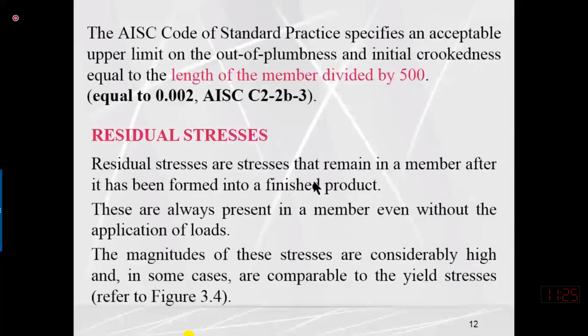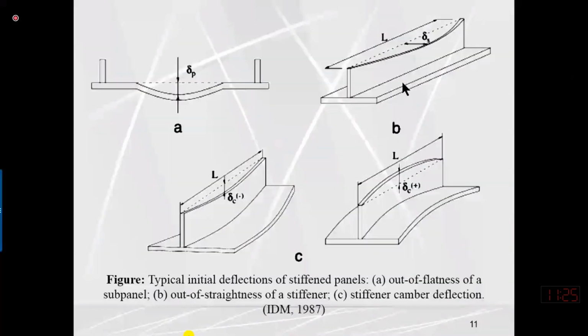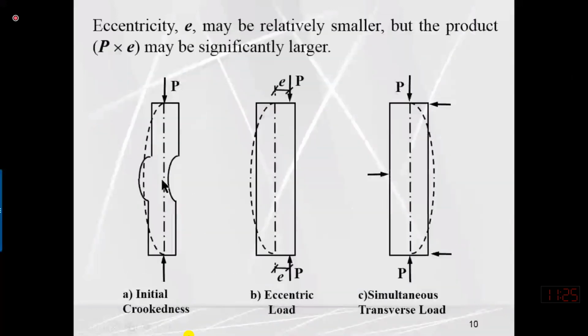AISC says that the maximum imperfection in a member should not be more than 0.002 of the length of the member, or length divided by 500. This negative camber, the distance between the theoretical center line and the actual center line at the midpoint, should not be more than L/500.